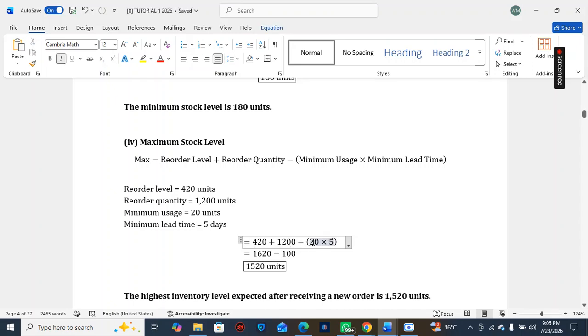By order of operations, 20 times 5 is 100. Then 420 plus 1,200 is 1,620. 1,620 minus 100 gives 1,520. Any questions?